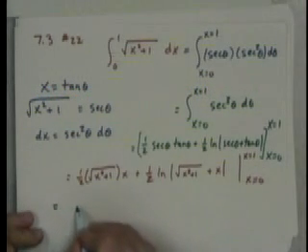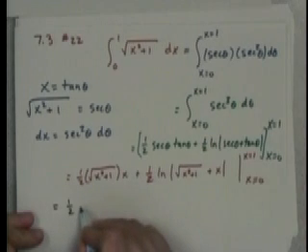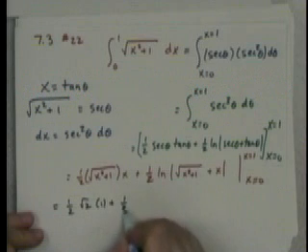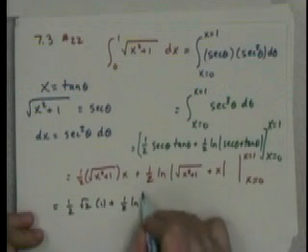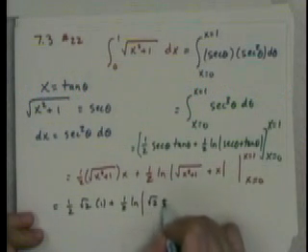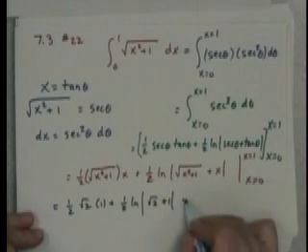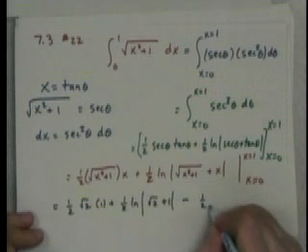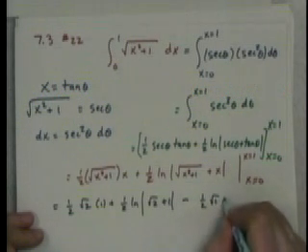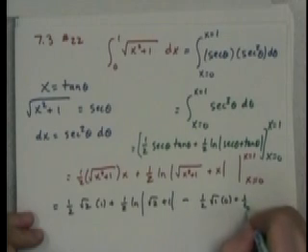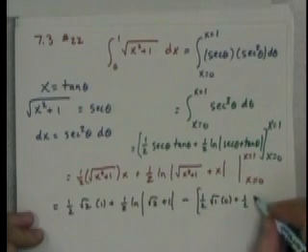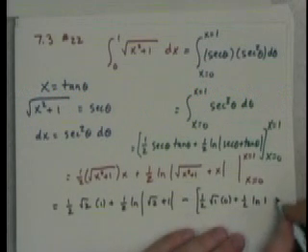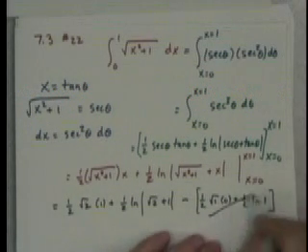So when I plug in x equals 1, I get the square root of 2 times 1 plus 1/2 the natural log of the square root of 2 plus 1 minus what I get when I plug in 0, which is 1/2 the square root of 1 times 0 plus 1/2 the natural log of 1 plus 0, which is still 0, so this whole right side goes to 0.